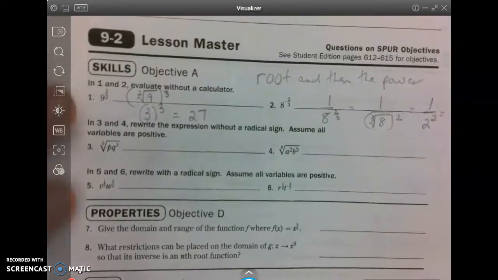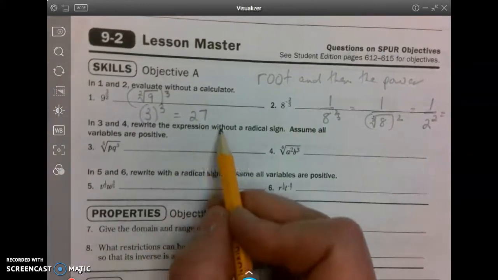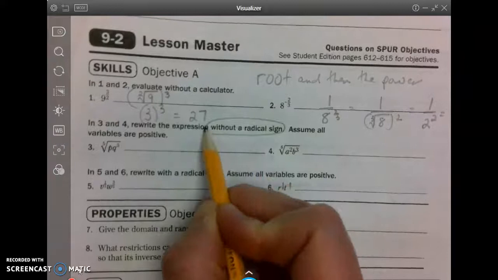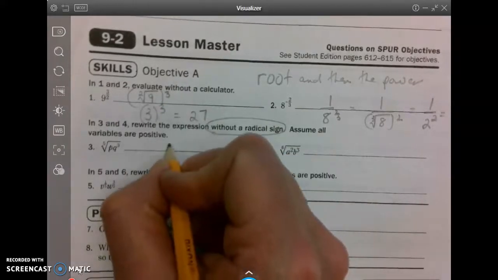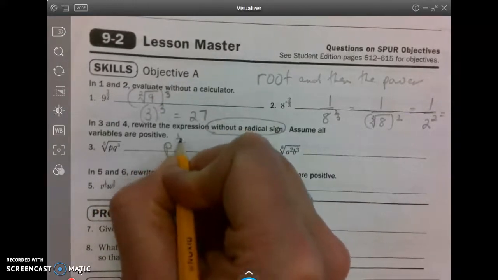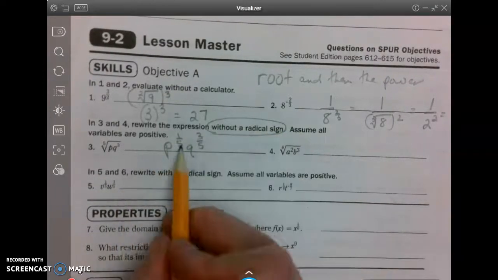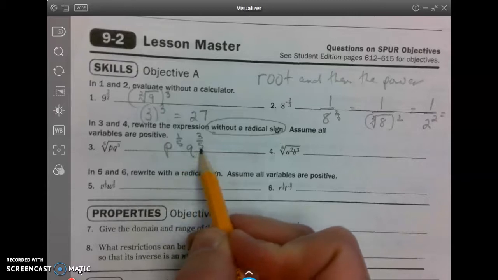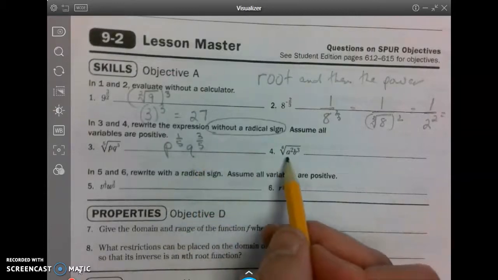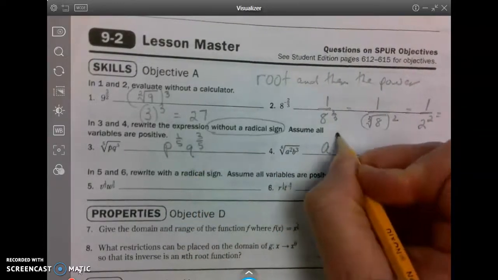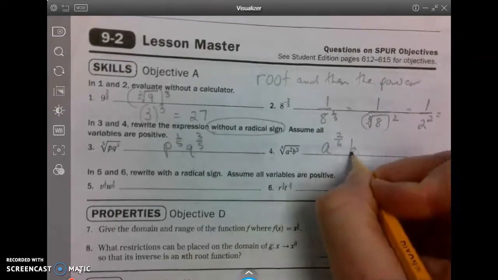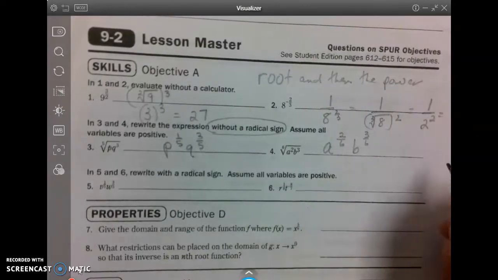Okay, number 3. Rewrite the expression without a radical sign. So this would be p to the 1/5, q to the 3/5. I can't simplify either of those fractions, so I'm finished. Number 4, I have a to the 2/6, b to the 3/6.